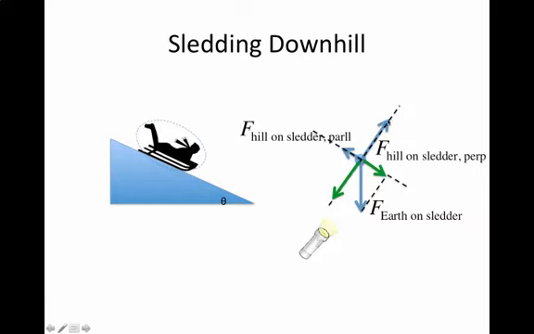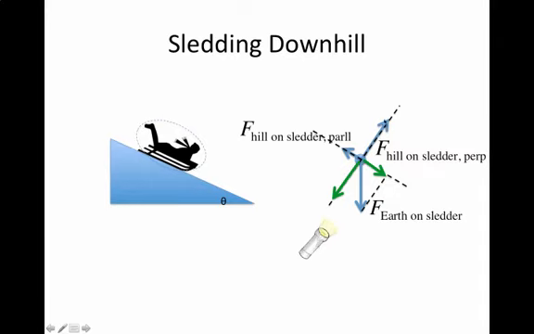Imagine we wanted to do the same with this arrow right here, and we wanted to define how much of it is along this axis and how much of it is along this axis. So we ask ourselves, for this arrow, if I were to shine a light sideways, how long would the shadow be that it cast on this perpendicular axis right here? Well, it would actually be the same length as this arrow.